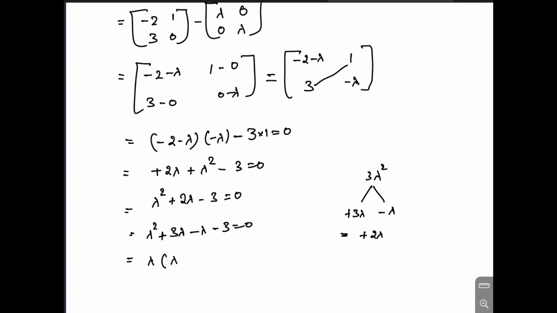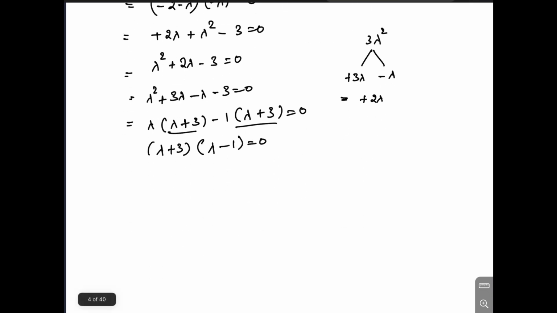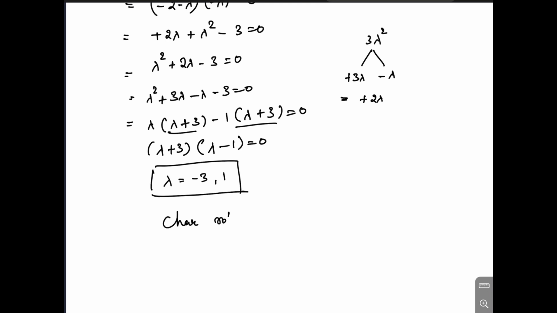Lambda common we can take: lambda into lambda plus 3, minus 1 into lambda plus 3 equals 0. Lambda plus 3 is common, so lambda minus 1 is left out, which equals 0. So we'll get the lambda values as minus 3 as well as 1. This is our final answer. So we got the characteristic roots as lambda equals minus 3, 1.